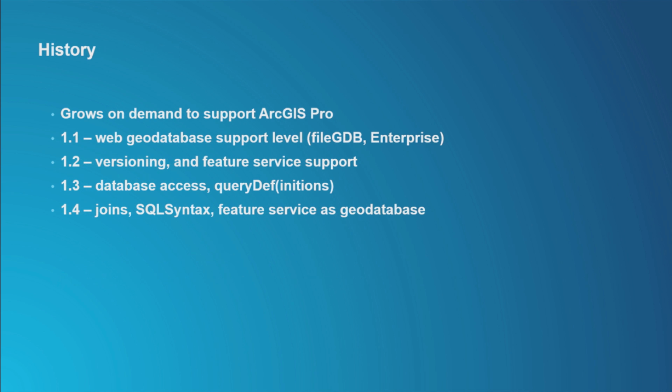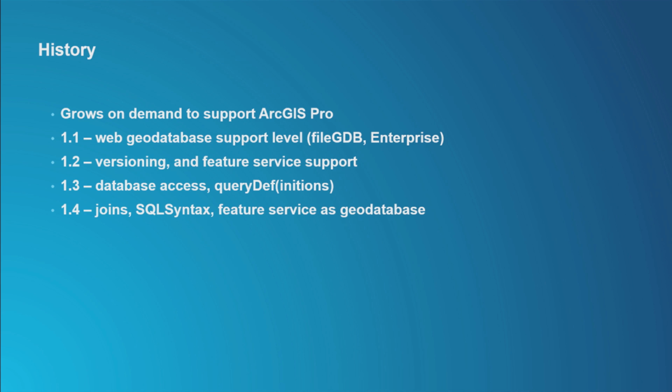So this API has been growing since 1.1 shipped. Each release, we've introduced more functionality. At 1.1, we supported the web geodatabase support level. This is simple tables, feature classes, subtypes, domains. At 2.2, we added versioning and feature service support.